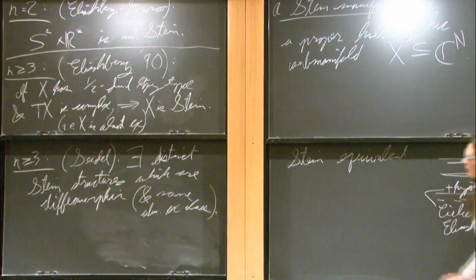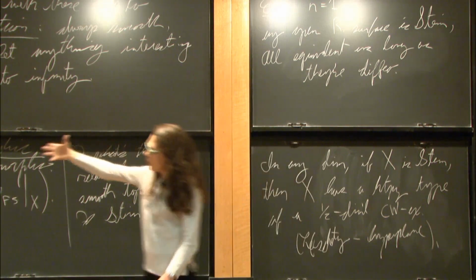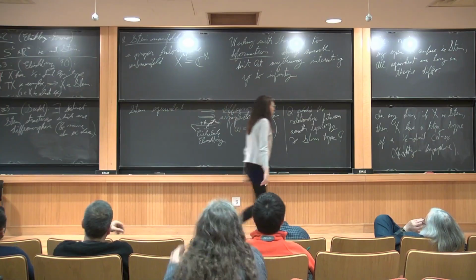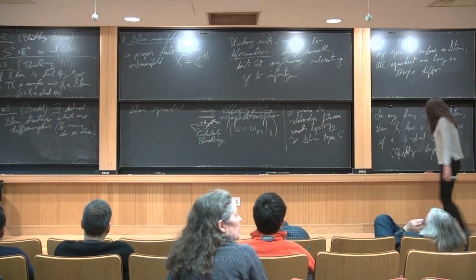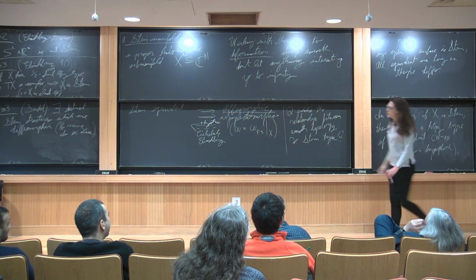So we see that in high dimensions, we still have this failure of the smooth topology and the Stein geometry to correspond exactly. Even though we have this existence result, there is not a uniqueness result. Of course, n equals 1 is the only case where we have this perfect correspondence.